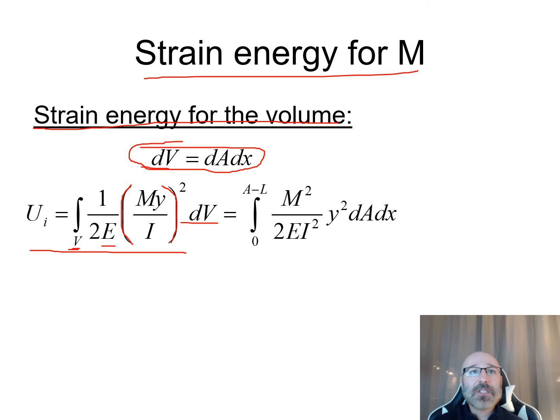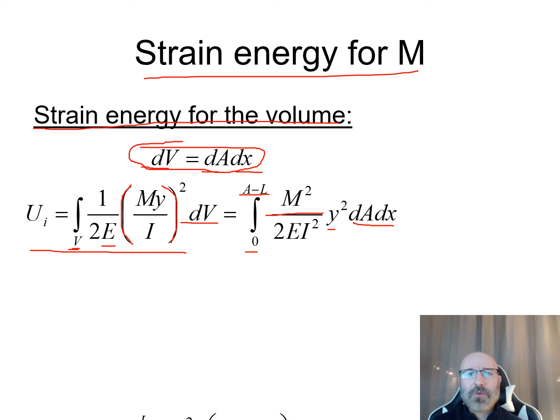Well, let's replace this dV with a dA dx. When we do that, this is the integral over A and L of M squared over 2EI squared times y squared dA dx. We need to simplify this down a little bit more. Let's get a double integral out of this.